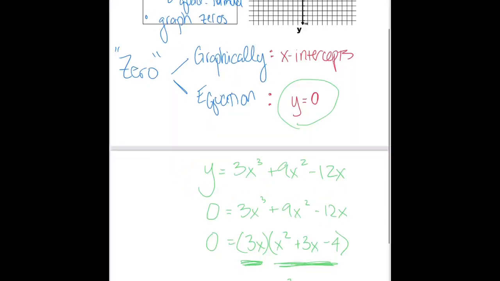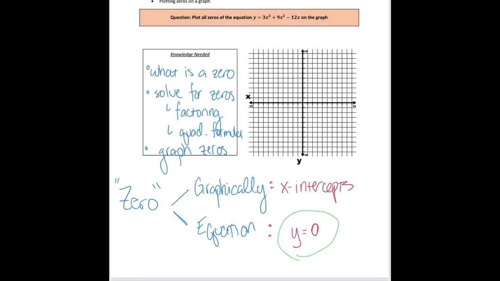Right? Now, final part, this is saying to plot all of those zeros onto the graph. Now, note here, it's not asking us to put the whole graph of the equation. It's just asking us to plot the zeros. All right? And we know what those zeros are. We just solved them down below. We know that it's going to cross the x-axis at 0, at negative 4, and at positive 1.